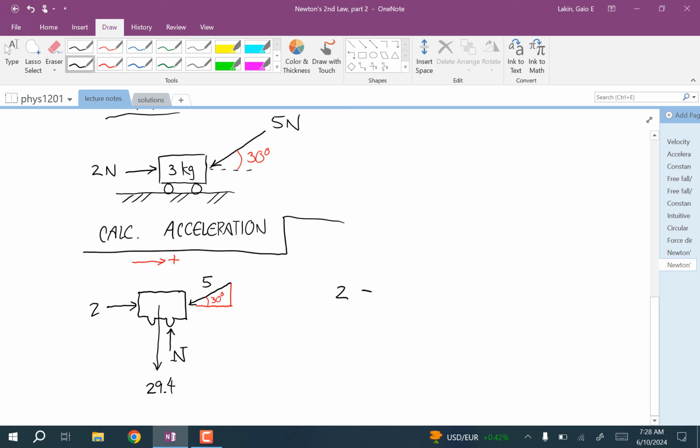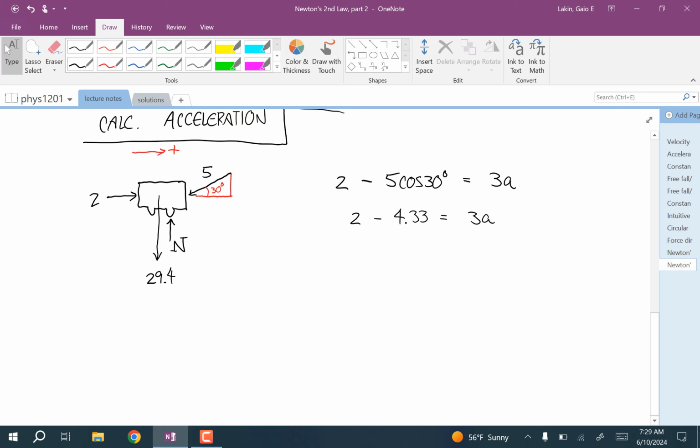And so we have minus 5 times the cosine of 30. The weight and the normal force don't show up because those are perpendicular to the line. And this is equal to the mass times the acceleration. So we have 2 minus 4.33 is equal to 3a.